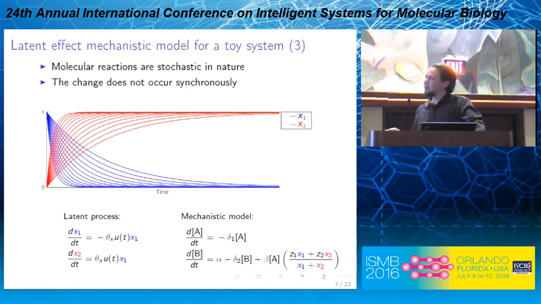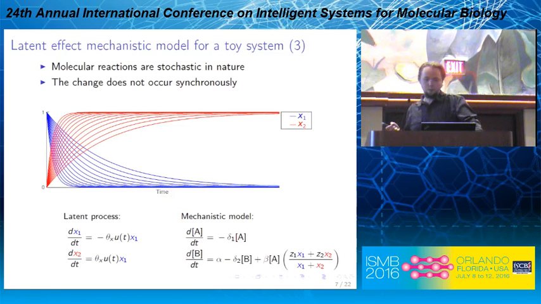This movement can be described using this kind of latent process, where the blue component corresponds to the phase where we don't have the interaction between the molecules, and the red corresponds to the activated phase. Here are the formulas that can be used to generate this latent process, and depending on the parameterization, the switching can be rapid or very smooth.